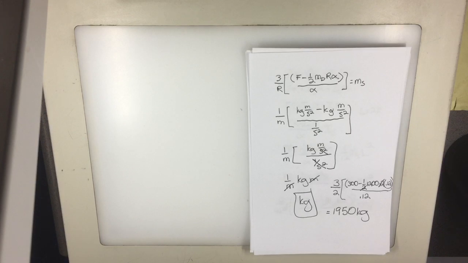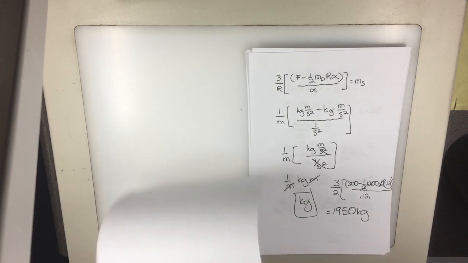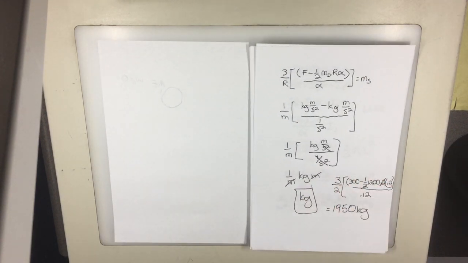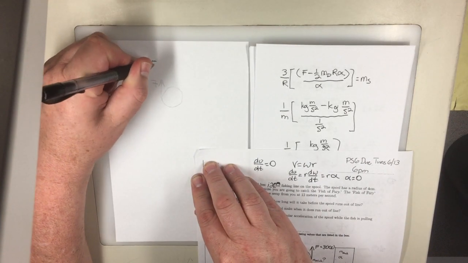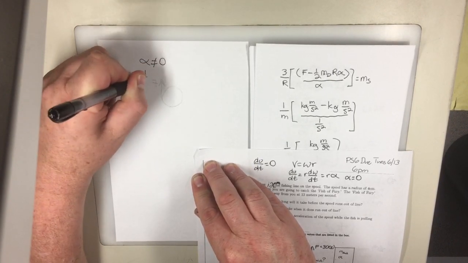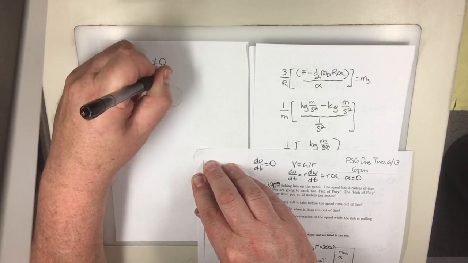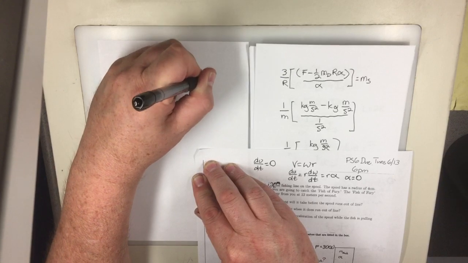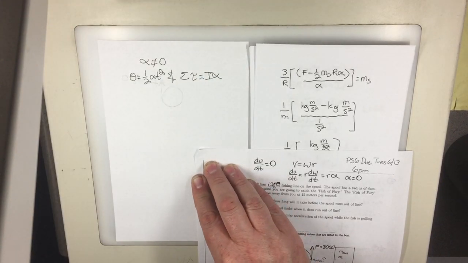So I would say that if the alpha is non-zero, the setup of the problem is easy. You first attack it with that.